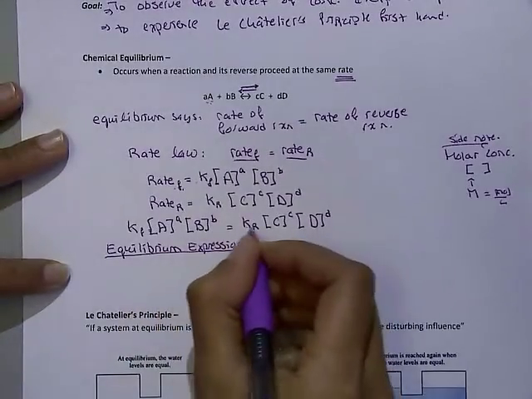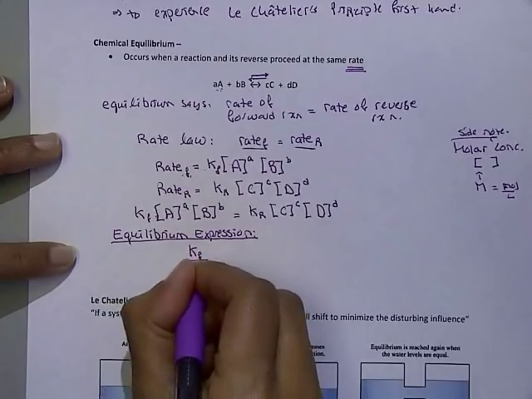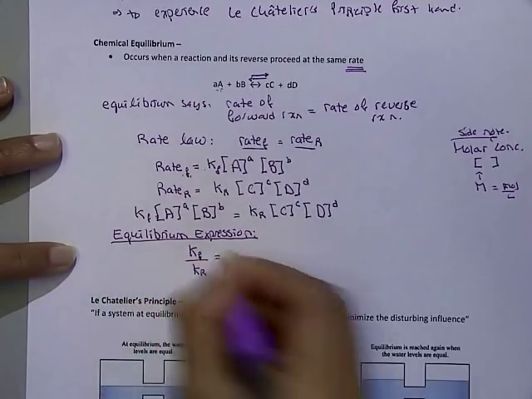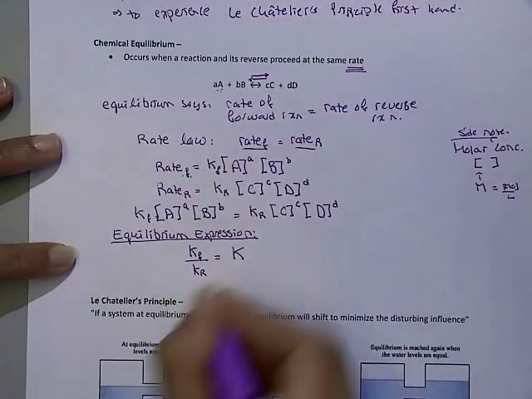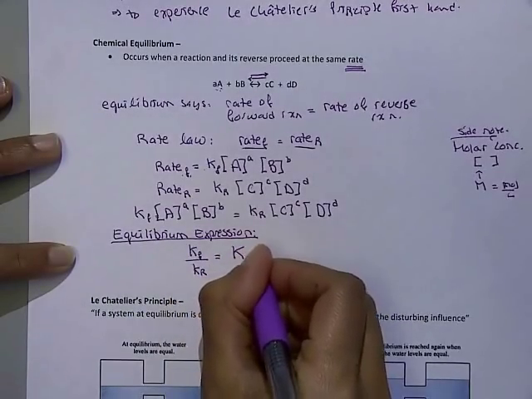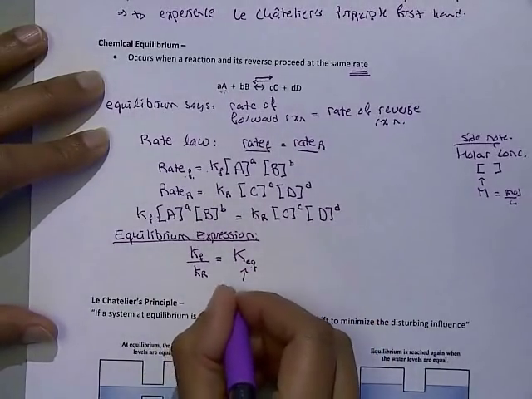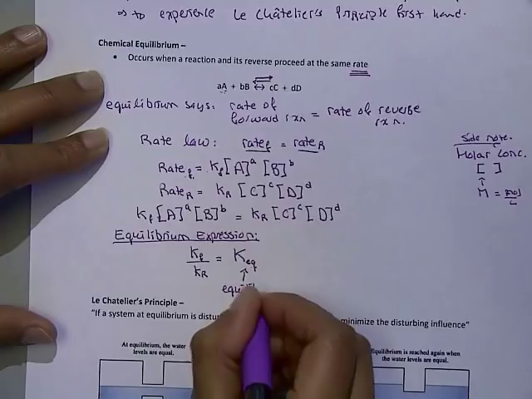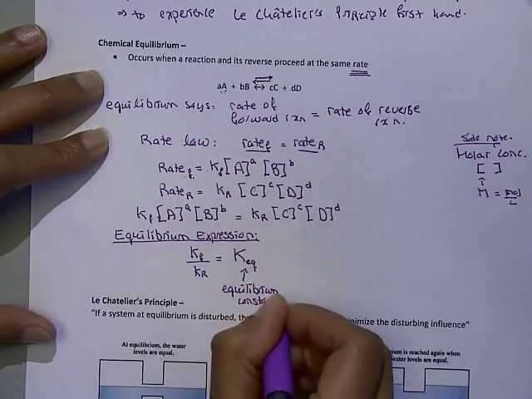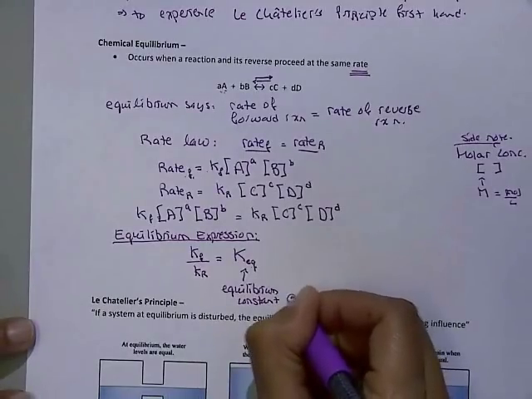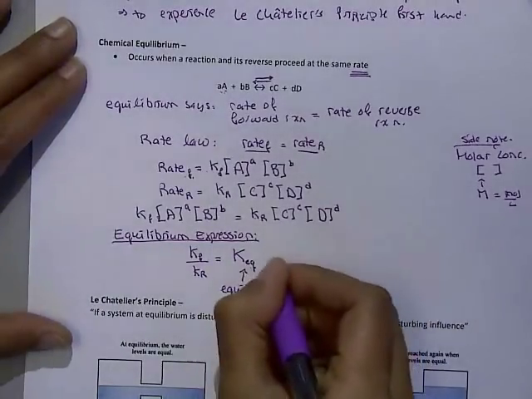So if we rearrange this to put our constants on one side, we can have Kf over Kr, and these are just constants. So I'm just going to go ahead and call this capital K. And sometimes we write this K with EQ at the bottom, and what we basically mean is our equilibrium constant. And we can usually look up equilibrium constants, and they're at a certain temperature. Okay, so equilibrium constants are calculated for a certain temperature.